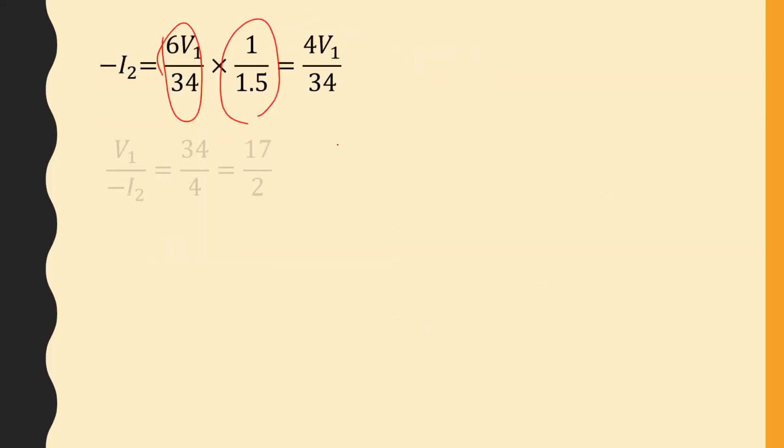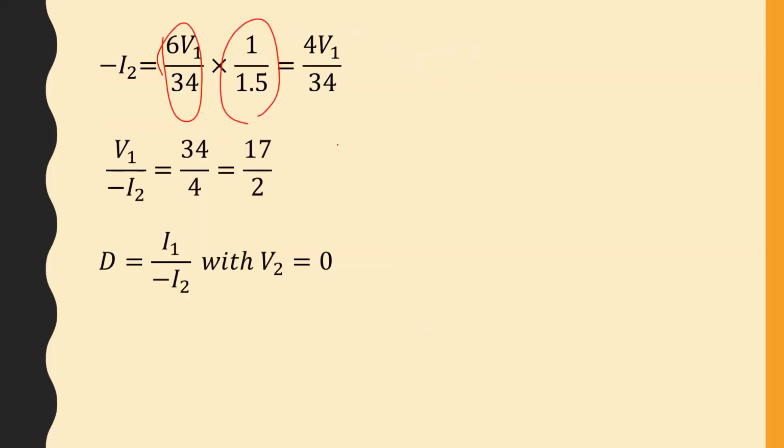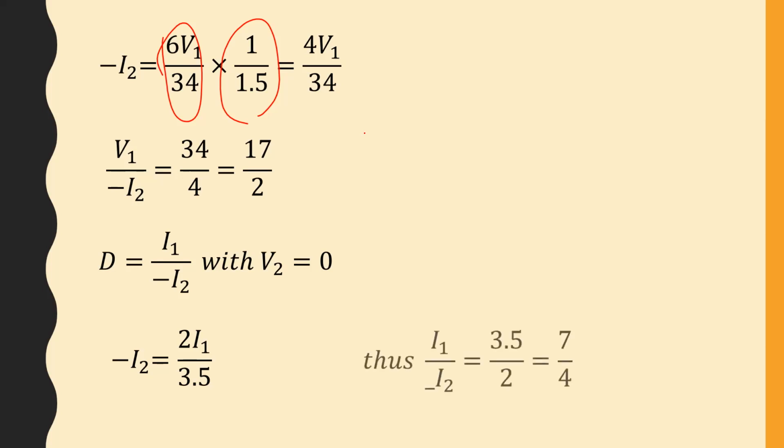So for D, we're using current division. So that's 2I1 over 2 plus 1.5, which gives us 7 over 4. So D is 7 over 4.